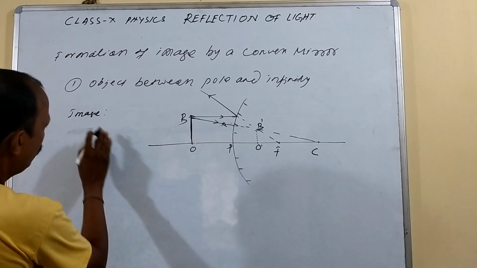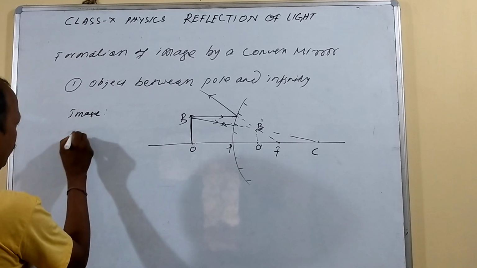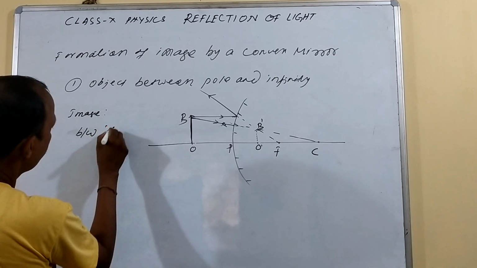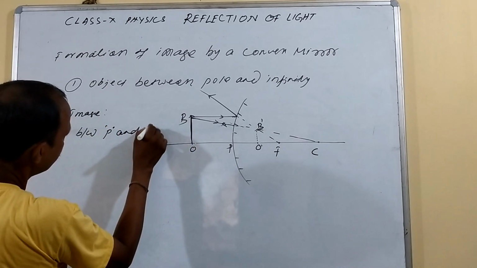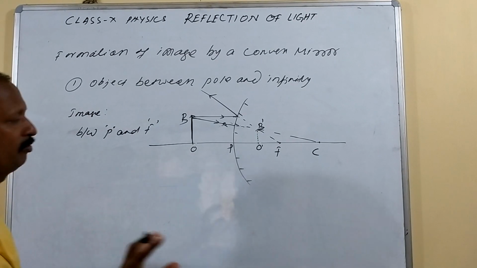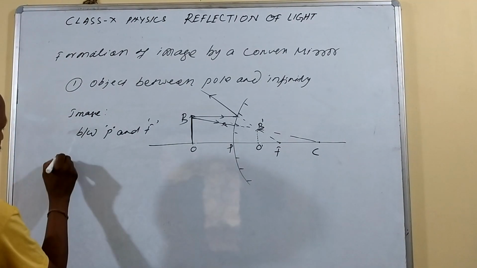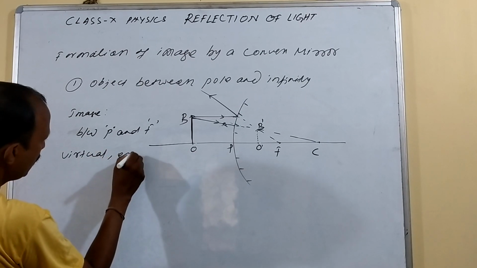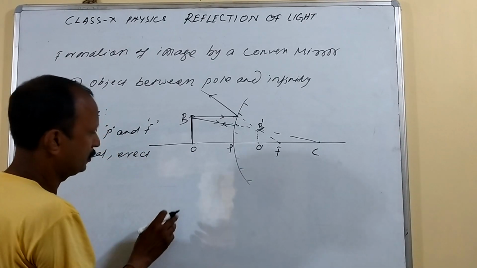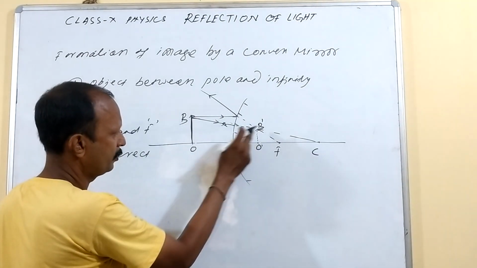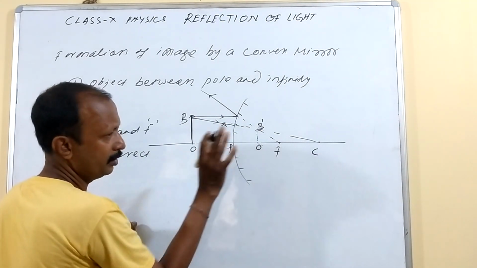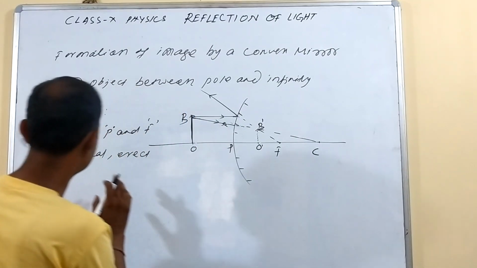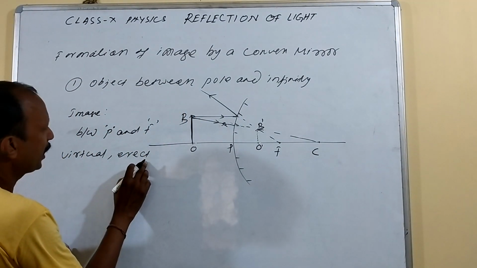First position: where is that position? The image is between P and F, between pole and focus. The second point is that it is virtual, erect. As it is, the head is up and the bottom portion is down. So, as it is standing, that's why it is written erect.